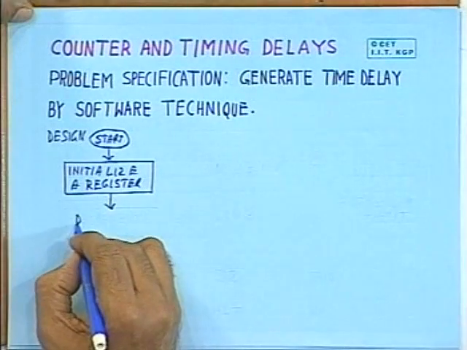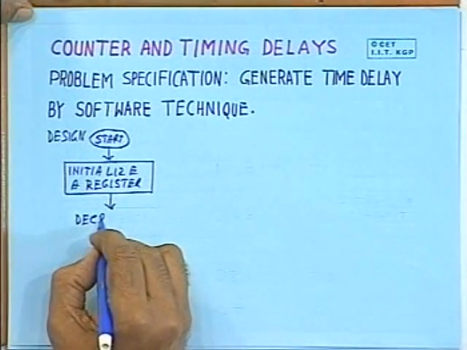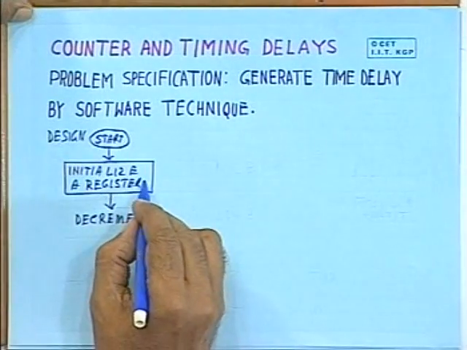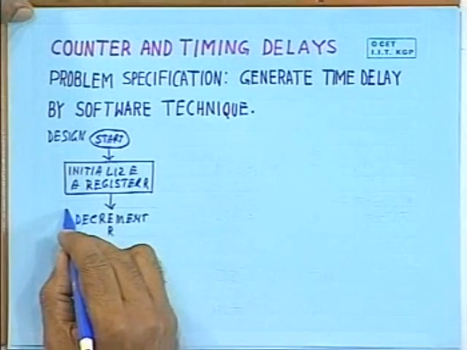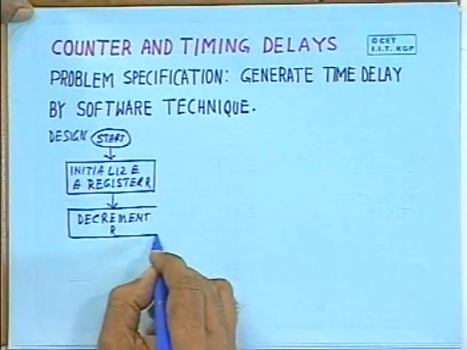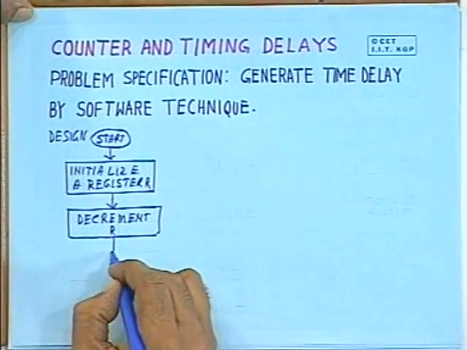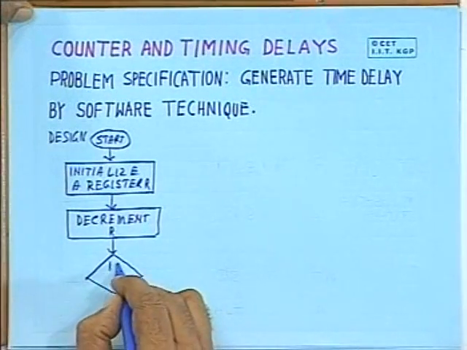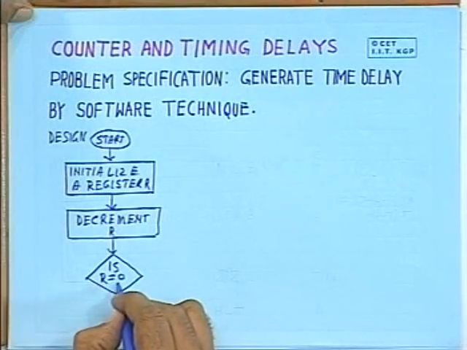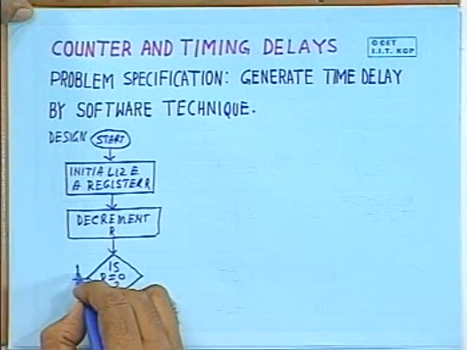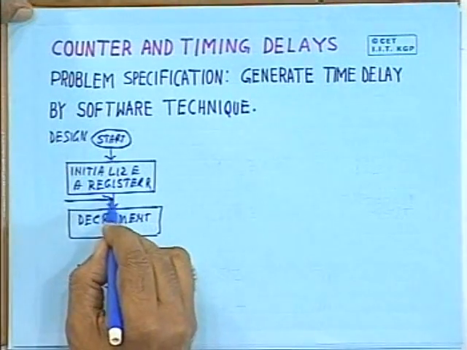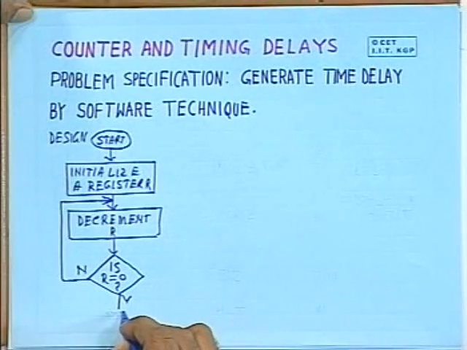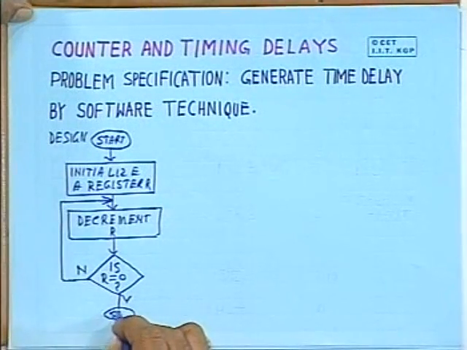Then simply decrement the register R, and then check whether the register has become 0 or not. Is register R equal to 0? If the answer is no, you loop back, and if the answer is yes, it has become 0, you stop.